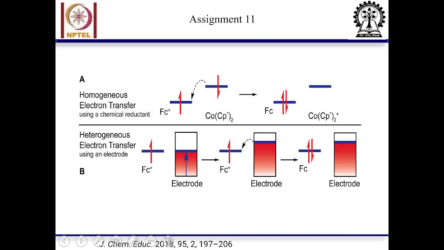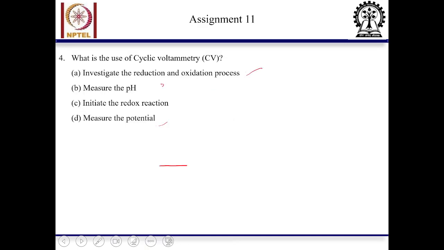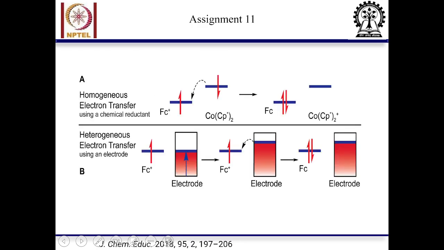So I will show you the difference between homogeneous electron transfer and heterogeneous electron transfer. In cyclic voltammetry, it is a heterogeneous electron transfer. And what is homogeneous electron transfer? Suppose we have ferrocenium.